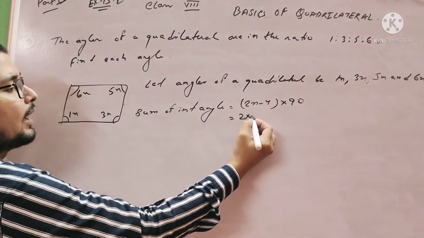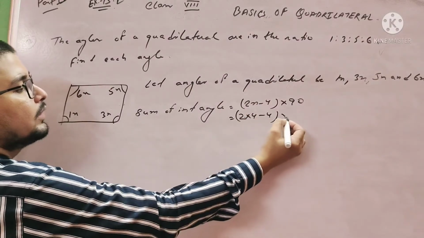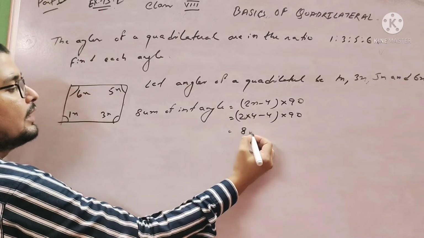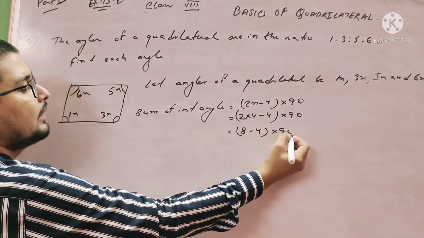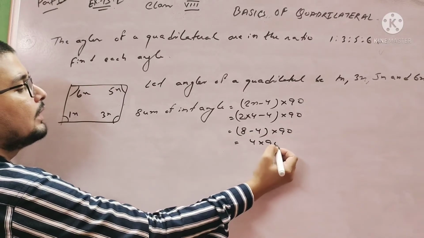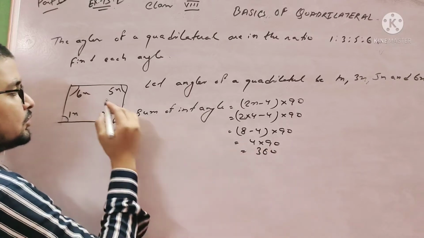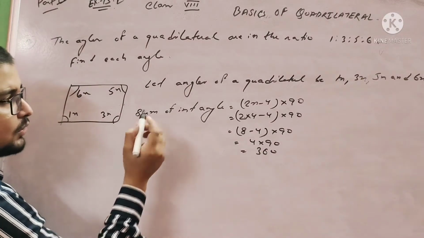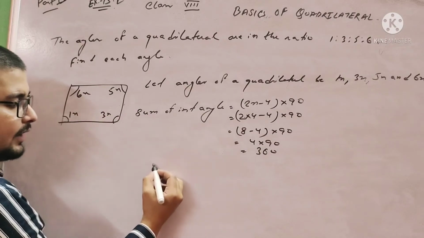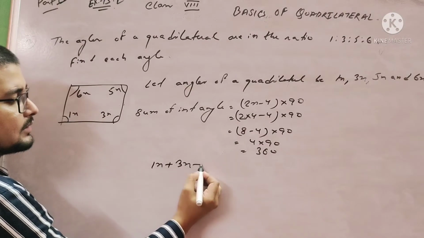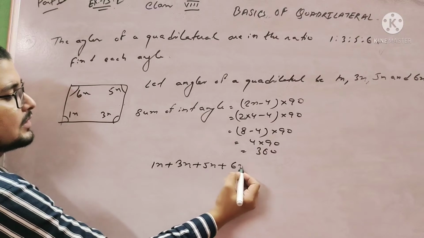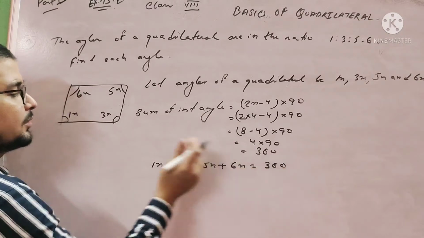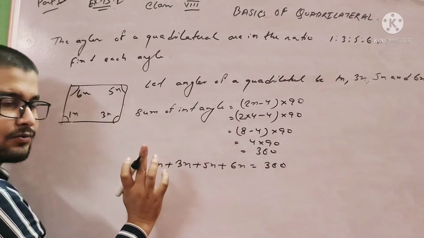So 2n means 8, minus 4, into 90. So 4 into 90, that is 360. So sum of interior angles of this quadrilateral is 360, so 1x plus 3x plus 5x plus 6x equals 360.